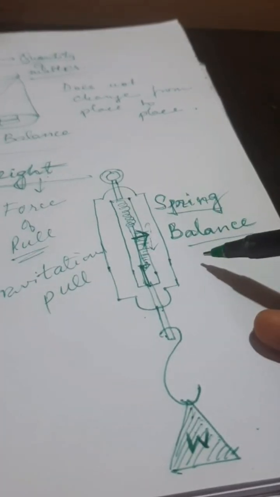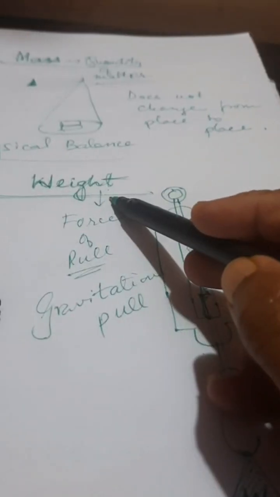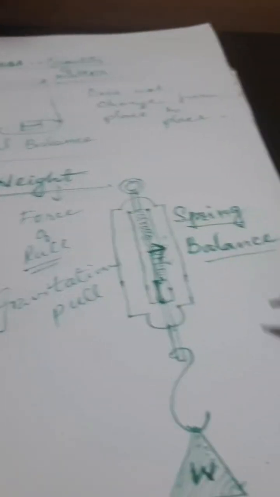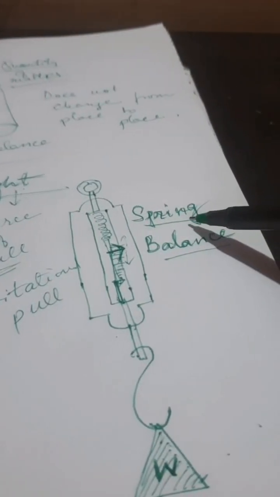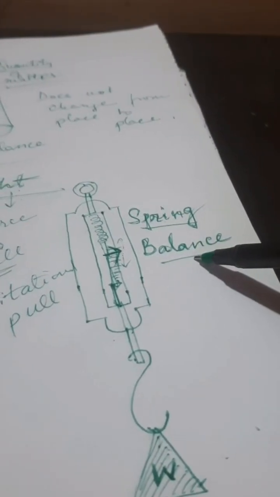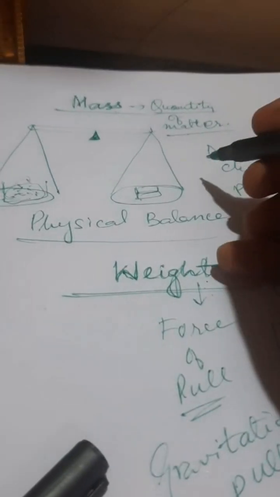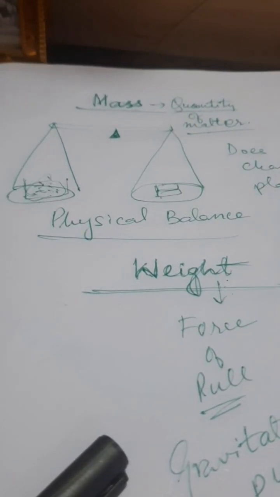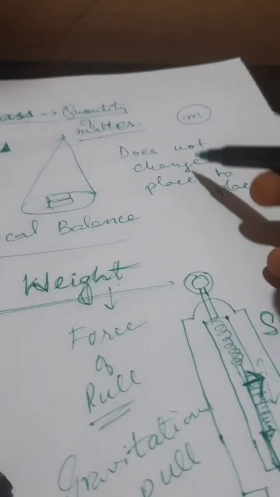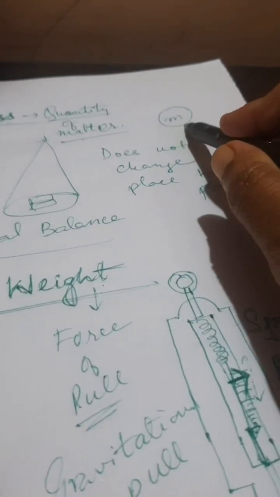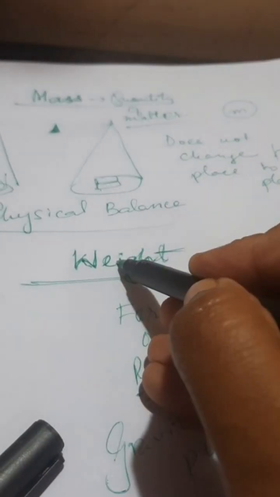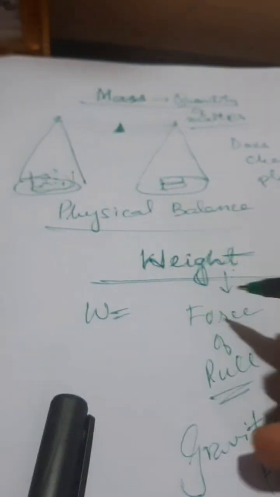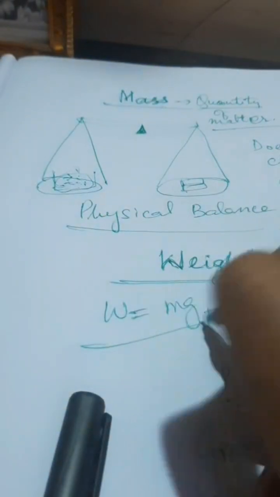So what we have is, here weight of an object is the force of pull on that particular object and it is measured with the spring balance. If I denote the mass of the object as m, then the weight of that same object will be given by m into g.